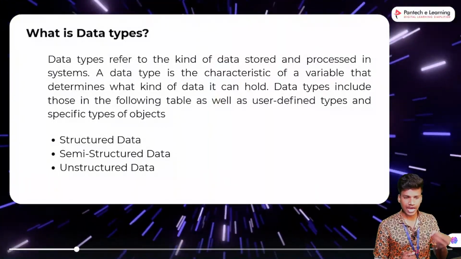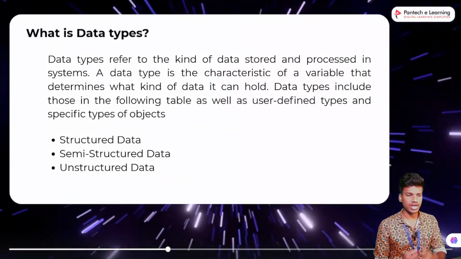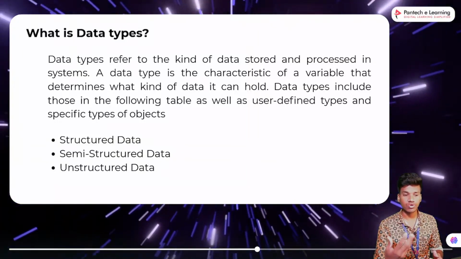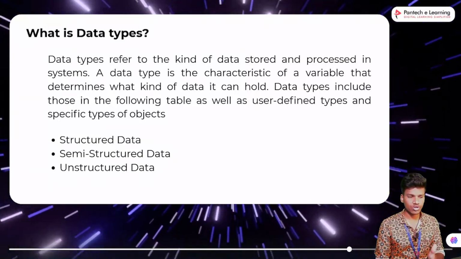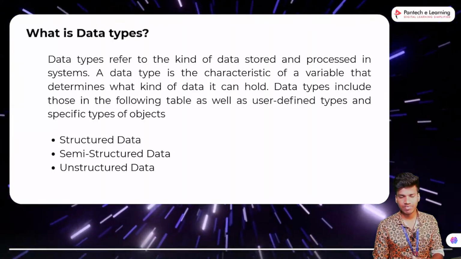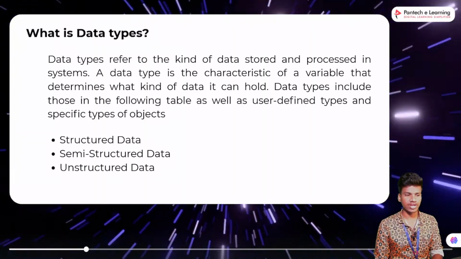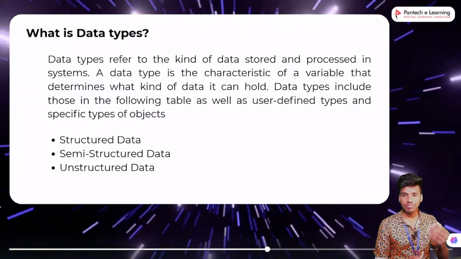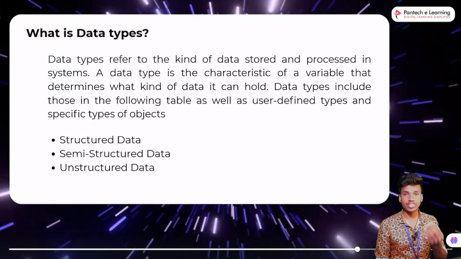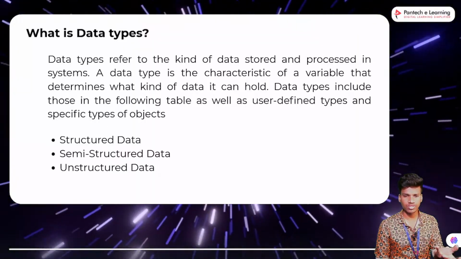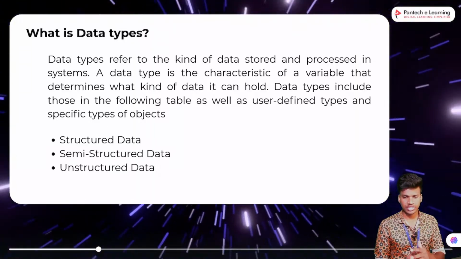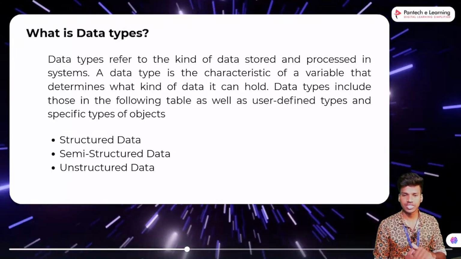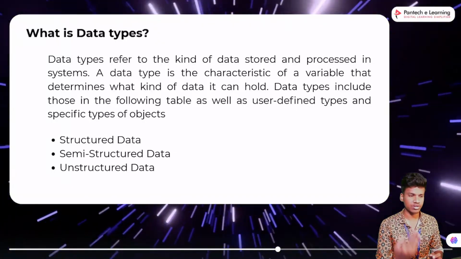A data type is a characteristic of a variable that determines what kind of data it can hold. The data types include those in the following table as well as user-defined types and specific types of object. So there are three common kinds: structured data, semi-structured data, and unstructured data.